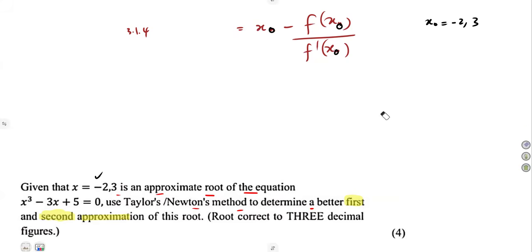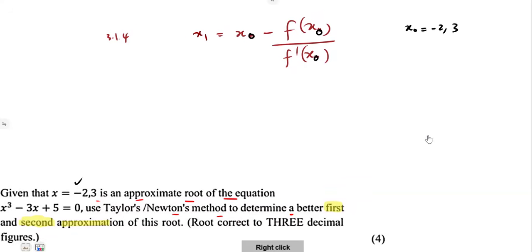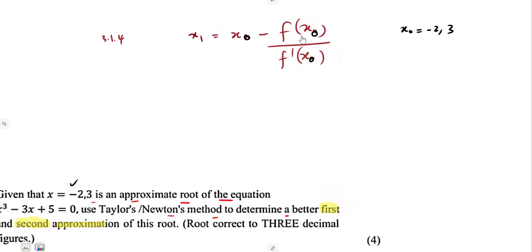That is the formula for x1. What are we going to need? We need x naught, which is already given, and we are going to substitute it in f of x and also in its derivative.